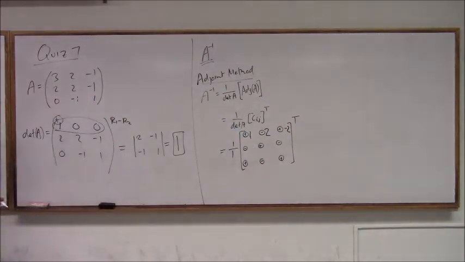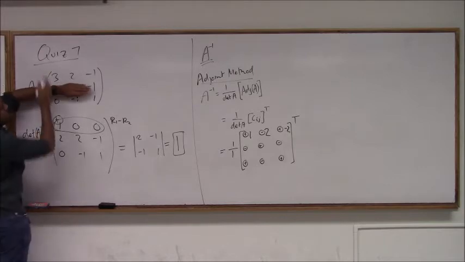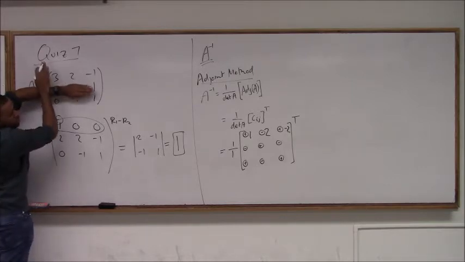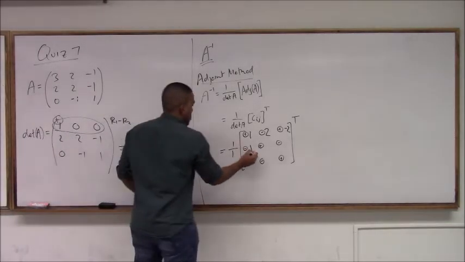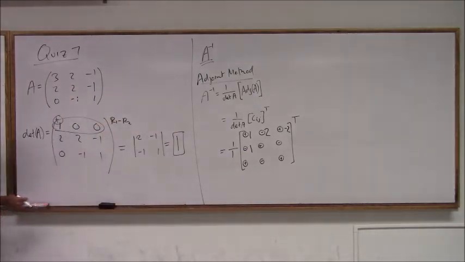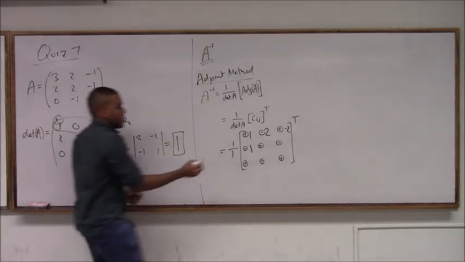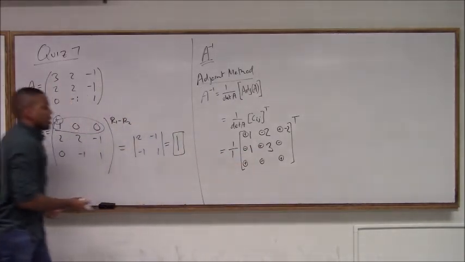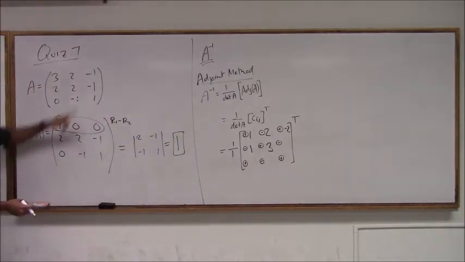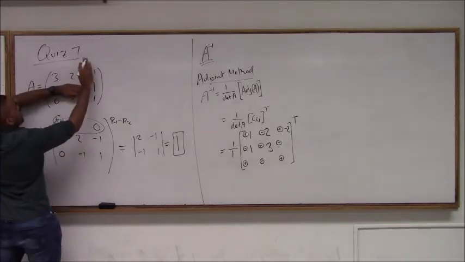To replace this 2, replace that with its cofactor, that's 2 minus 1. To replace this guy, that cofactor is 3. Replace this guy with his cofactor, that's minus 3.